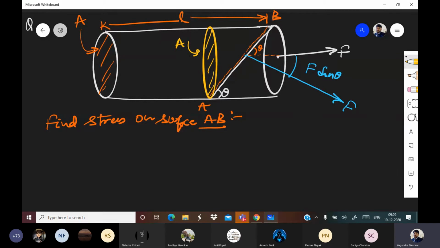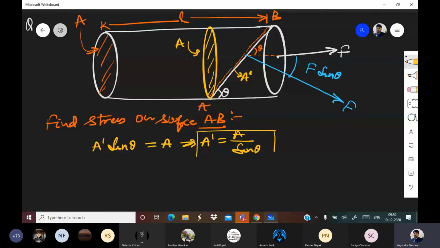Now, if this value is A, suppose this area is A dash. So what you can understand is A dash sine theta is equal to A. So basically A dash is equal to A upon sine theta.